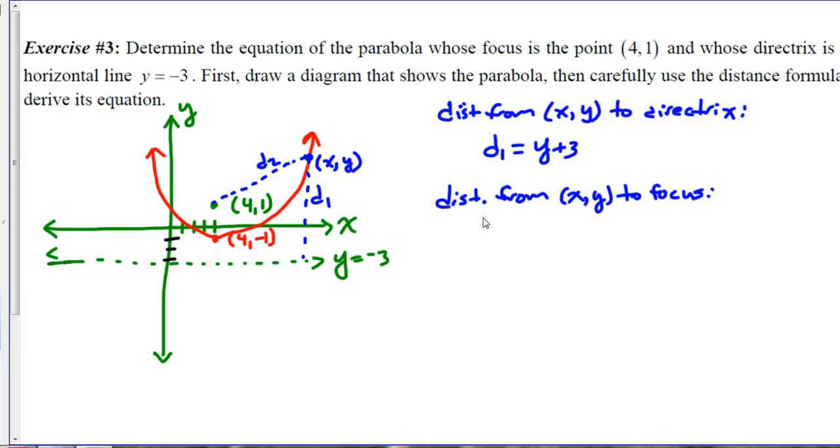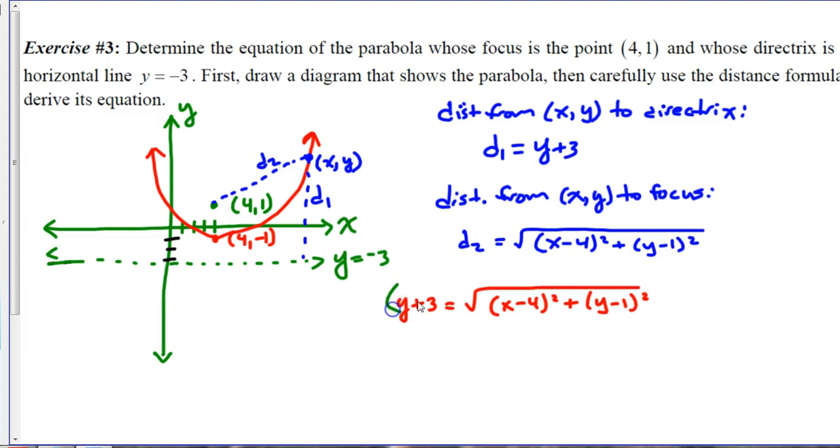The distance from the point (x, y) to the focus is going to be your distance formula. At this point, we're going to set both of those distances equal, because that's just the locus definition of the parabola.